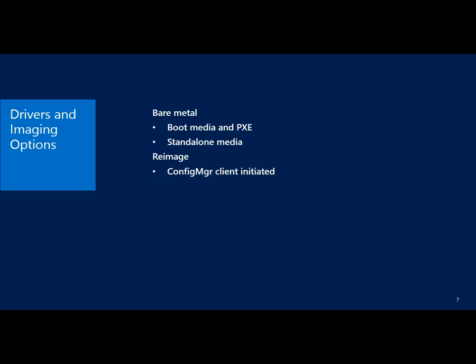Now, there also is going to be a difference in what you can do depending on the kind of imaging option you choose. We have bare metal, which includes both boot media and PXE as well as standalone media. There are differences here. So in terms of boot media and PXE, the dynamic download of content is going to be possible and what you probably want, right?